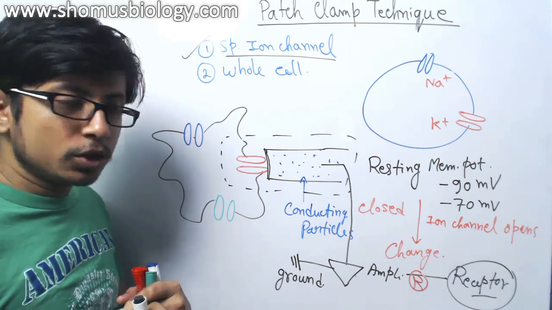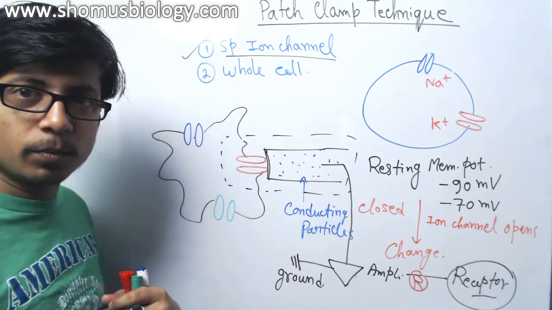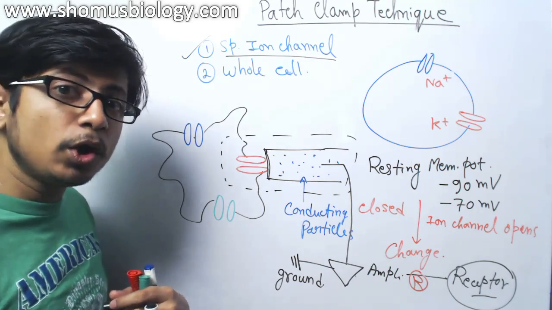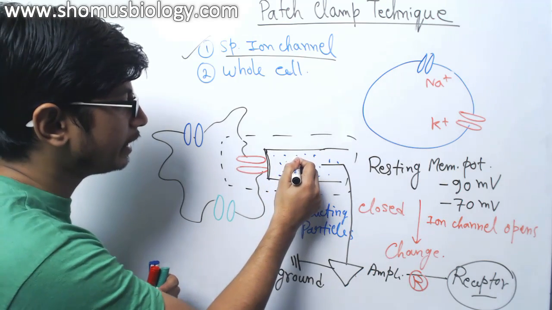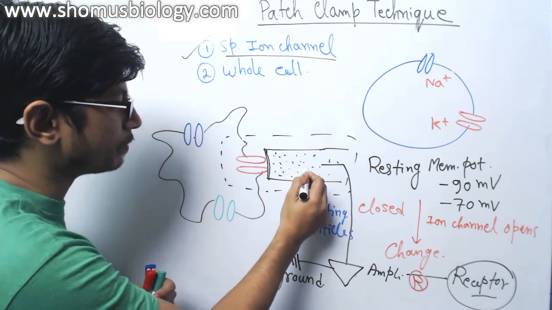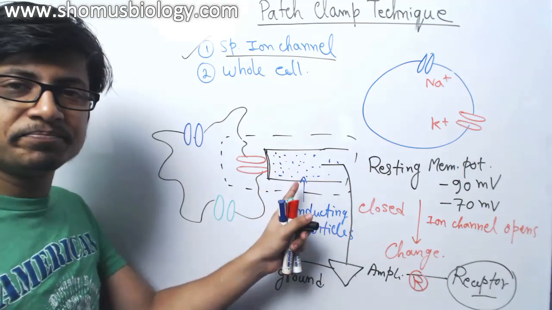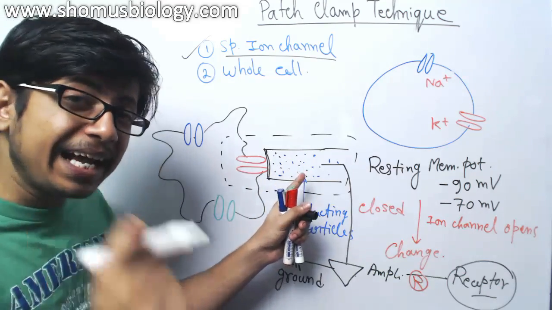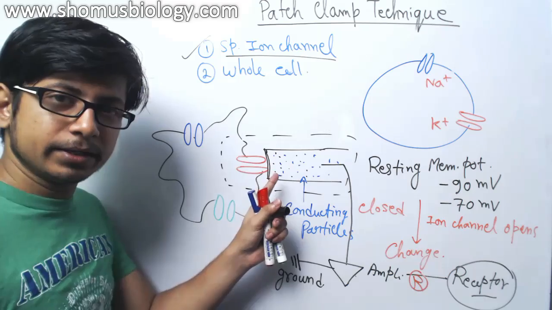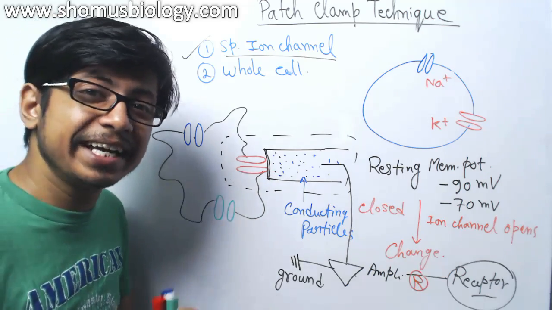It's altered. So to make it balanced, we need to also add some other positively or negatively charged particles here to balance that current, so that the voltage becomes steady again.